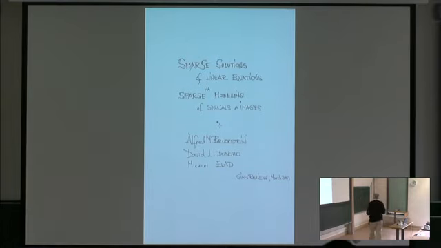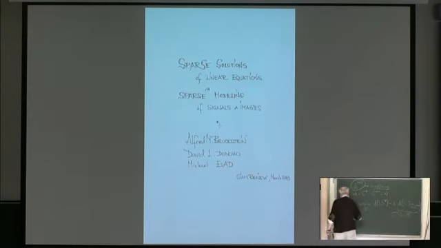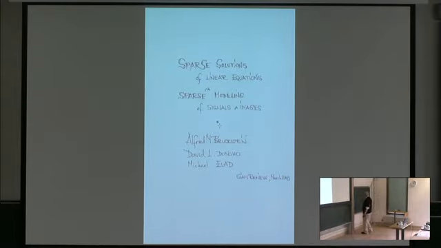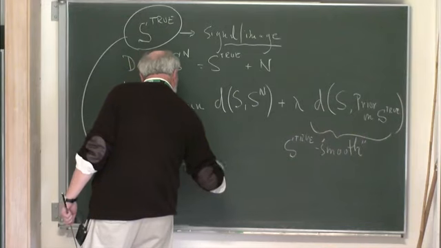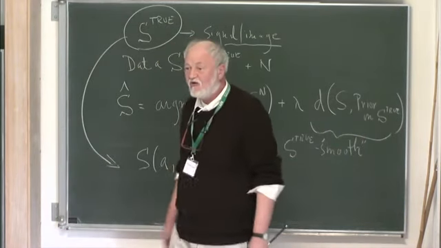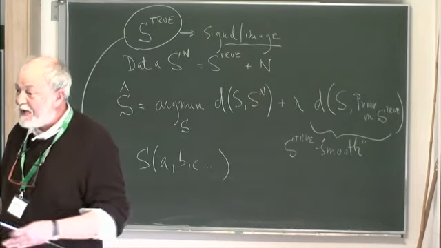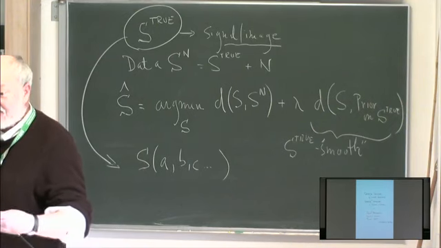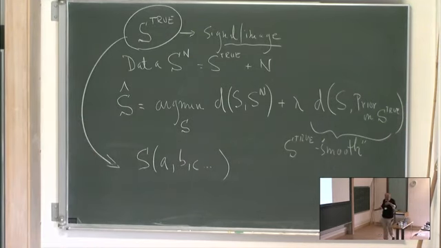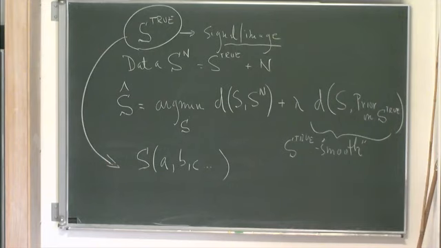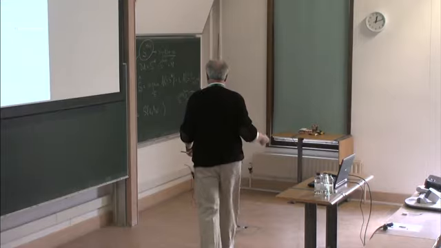So, in fact, often for the true thing that you want, you have some sort of parameterized model. Okay, so this S true can be in fact S of some A and B and C and some series of functions, which are parameters which, when you know them, you can say what is S. So now what Tal Nir told me was, let us put these parameters, these A, B, and C, into the formula.